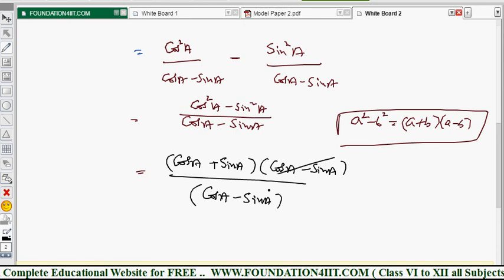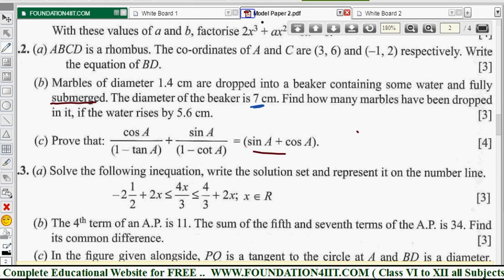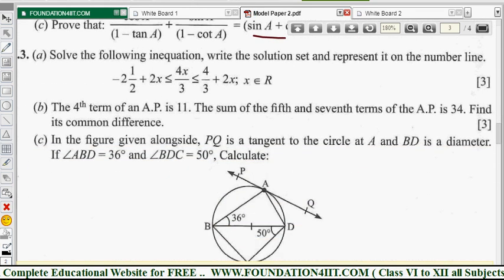Cos A minus sin A cancels, and the remaining is cos A plus sin A. That is the RHS. So we have taken the LHS and proved the RHS, hence proved. Right? So in this way you can solve question number 2. Now let us take problem 3 and we'll solve the sums.